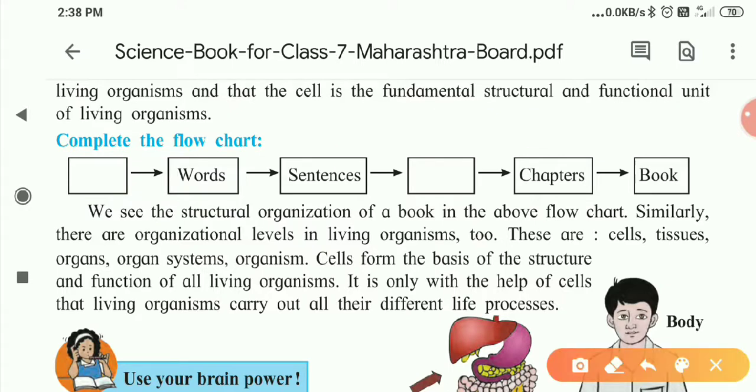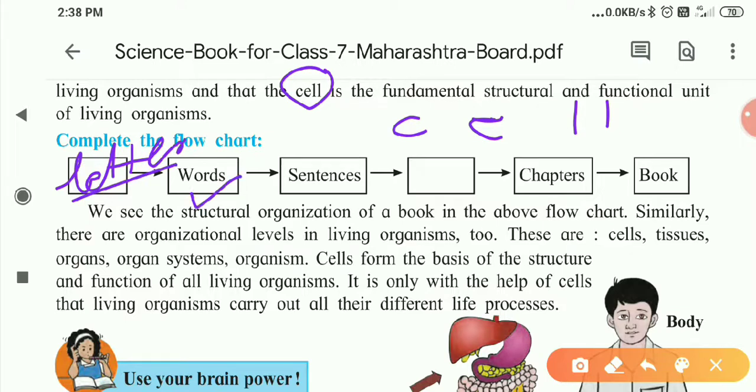Suppose we take the example of cell. Cell is made up of C, E, double L. These letters come together, and the word cell is formed. So letters come together, then a word forms.